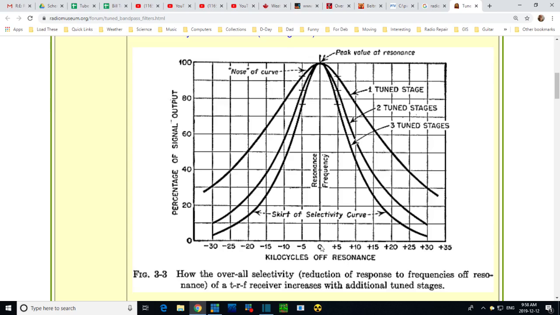Kilocycles off resonance. So this is 5,000 hertz, 10,000 hertz away, 15,000 hertz away, 30 kilohertz away, 30,000 hertz. Okay, think a bit about that. Peak value at resonance. Now, if you notice the way they've done this chart, they put 100% here.